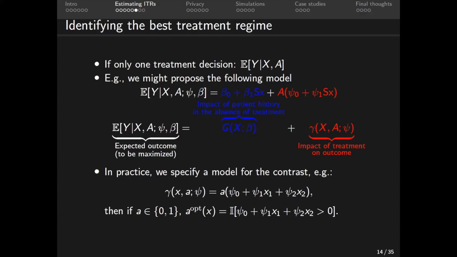Okay, whenever the stuff in brackets is positive, I want to treat with level 1 if I have a binary treatment coded 0, 1. Okay, because I'm trying to maximize my expected outcome. So if this stuff is positive and my only two treatment options are 0 and 1, then I want to keep that positive value. So I keep A equals 1.